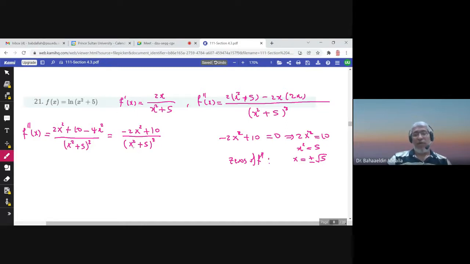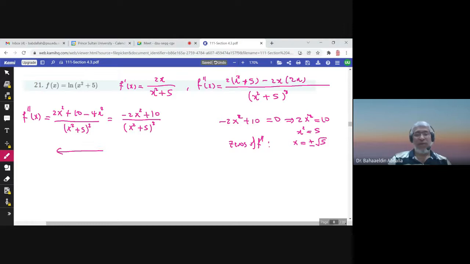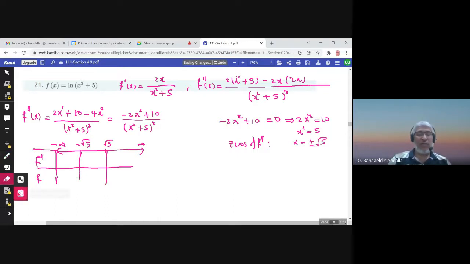Now notice that x squared plus 5 has no real zeros, and it is always positive. So if we need to make a table for f double prime to find the concavity intervals, this is negative infinity, this is negative square root of 5, this is square root of 5, and this is infinity. Notice that what controls the signs of f double prime is negative 2x squared plus 10, because the denominator is always positive.